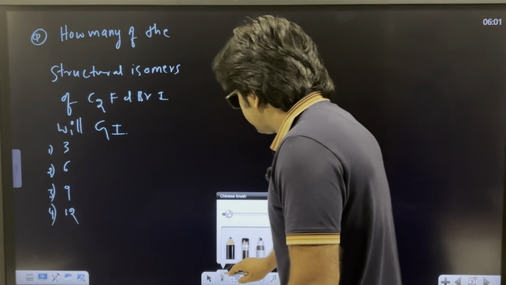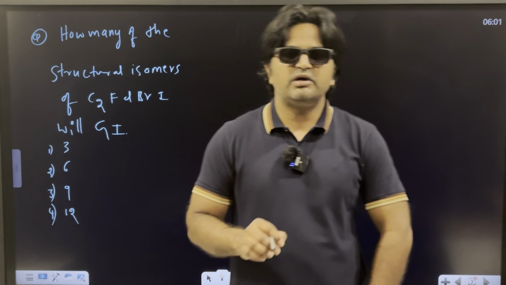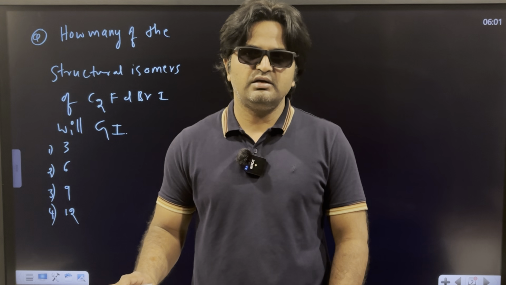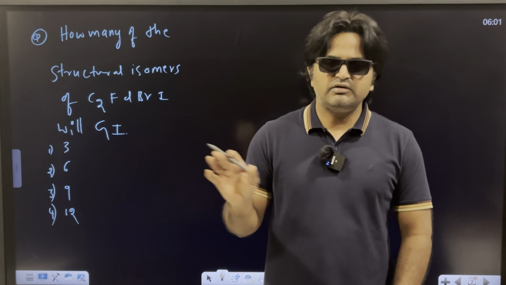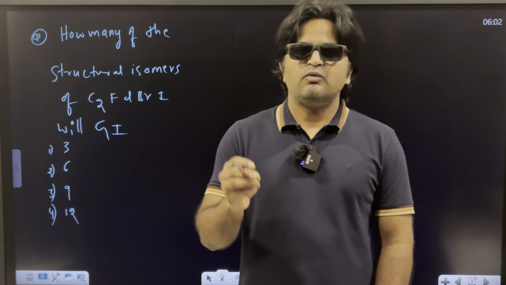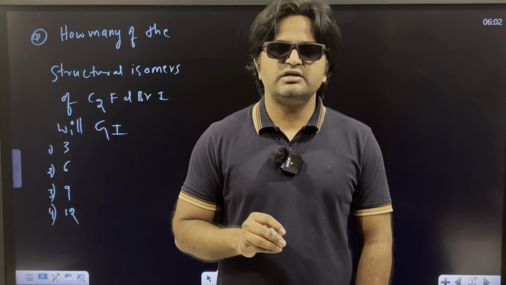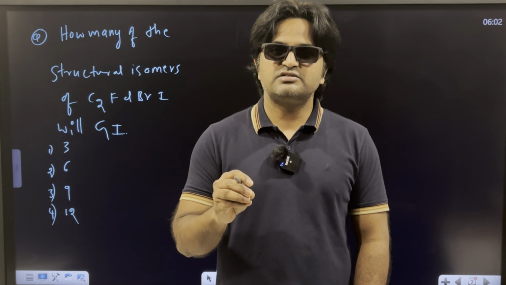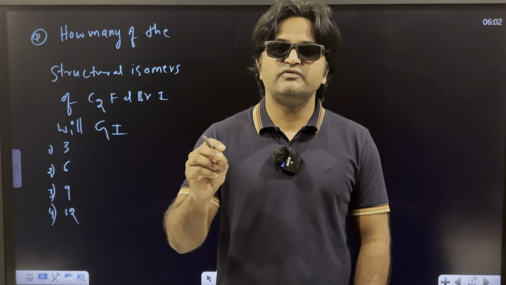First of all, we want the number of structural isomers which are responsible for geometrical isomerism, right? Whenever a compound is given, first you think about the minimum condition for geometrical isomerism. What is the first condition? Restricted rotation of the C-C bond.